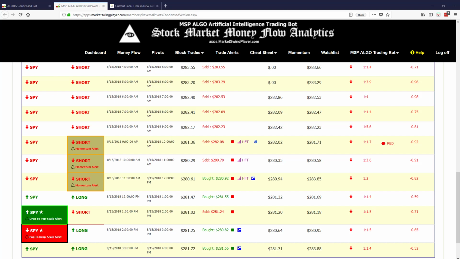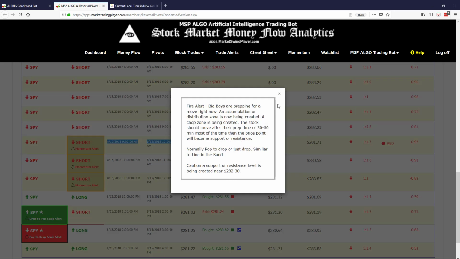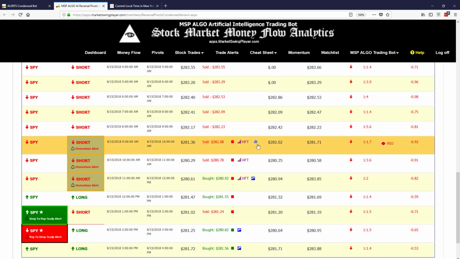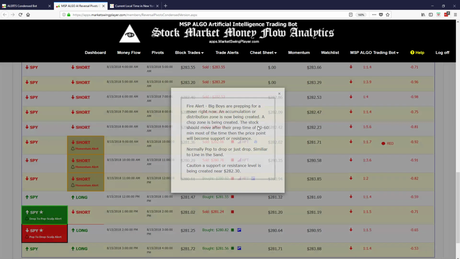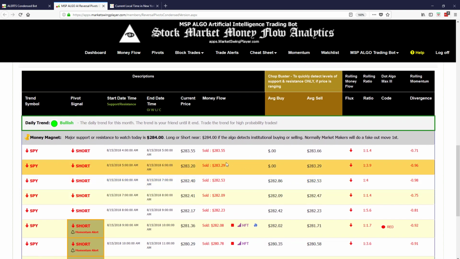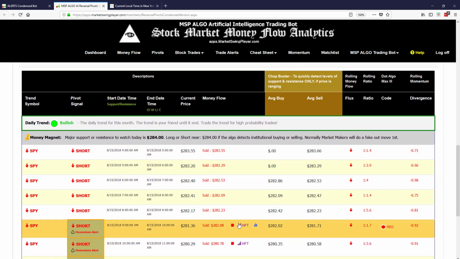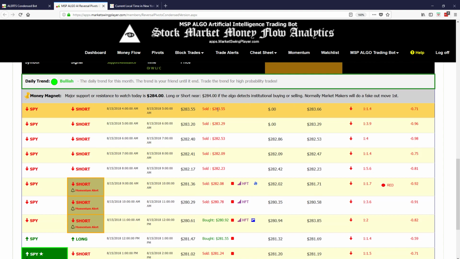So we could see the 10 o'clock right here, right? 10 o'clock. Fire alert. 282.3. What does that mean? Accumulation or distribution zone being created. 9 times out of 10, we could already tell that's a distribution zone, right? Because it's pretty obvious. Because look, all is selling.